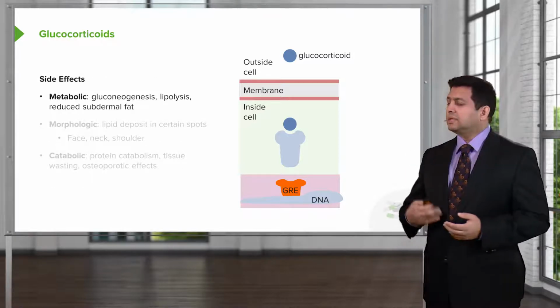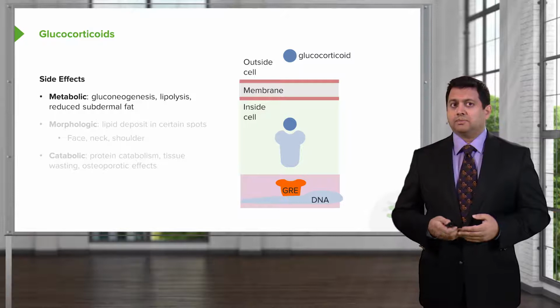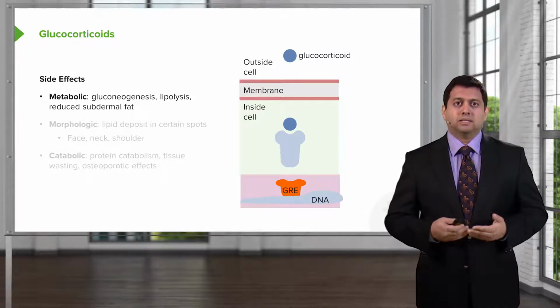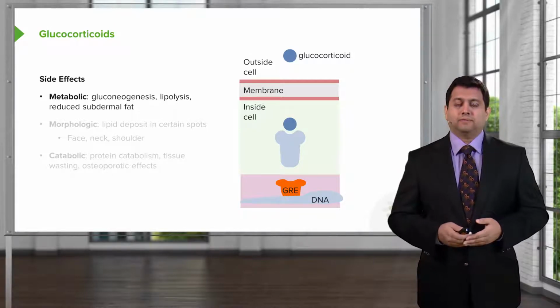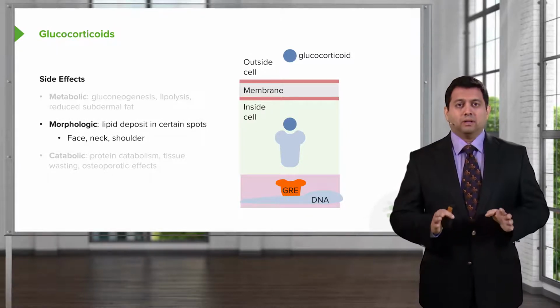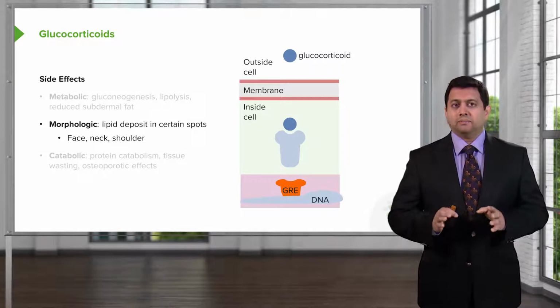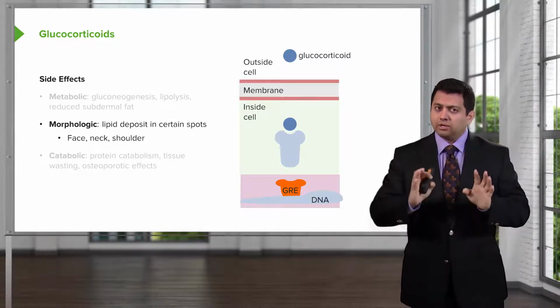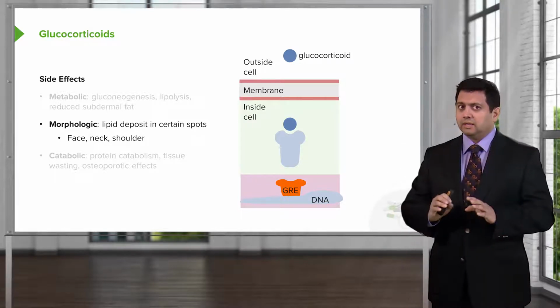Now, when we use synthetic glucocorticoids in patients, we have side effects. That metabolic effect can be gluconeogenesis, lipolysis, and reduced subdermal fat. Morphologic changes can have lipid deposits in certain spots, such as the face, the neck, and the shoulder. So I want to go over that just again so it's clear.